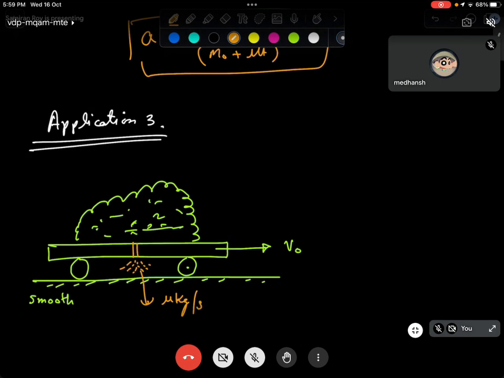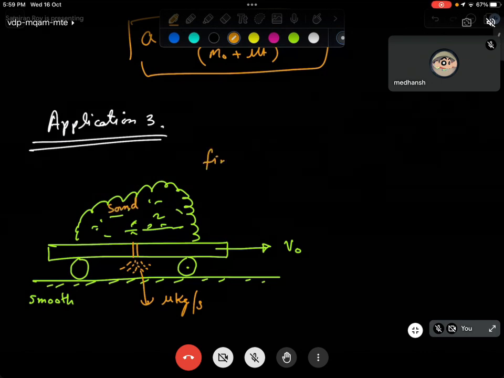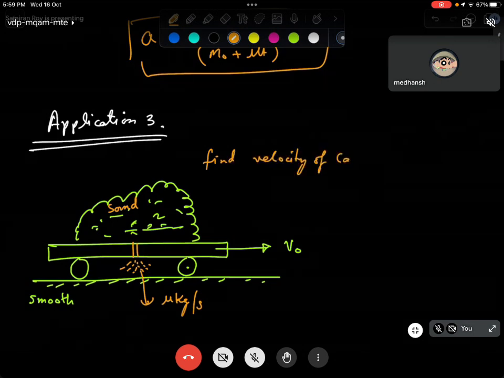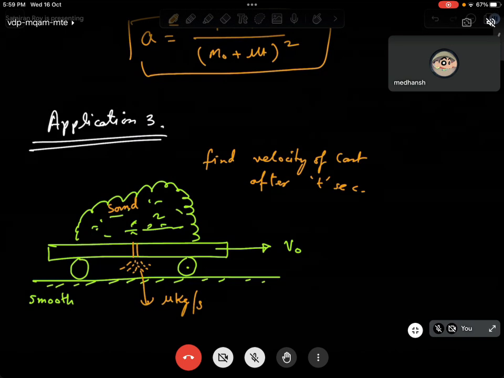You have to find the velocity of cart after t second. Solve by impulse momentum method.